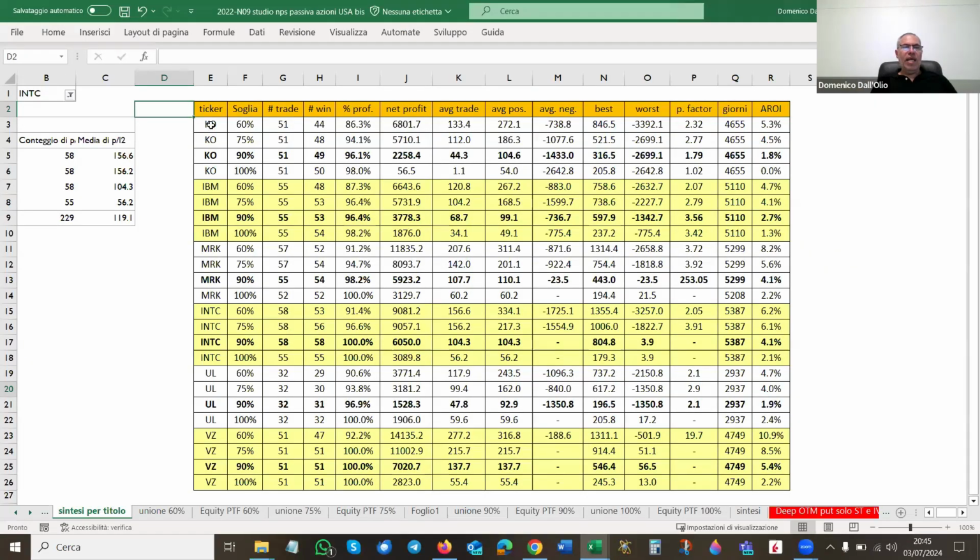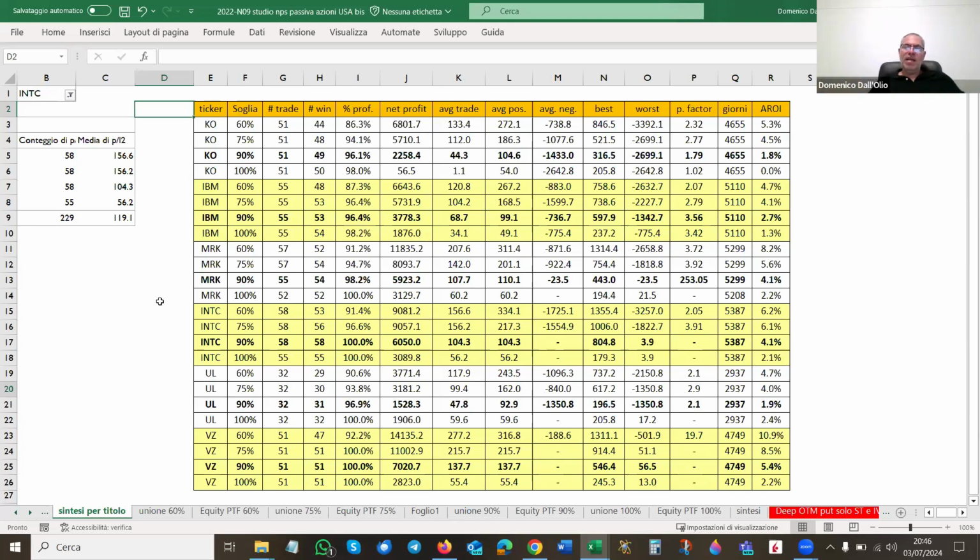I inspected 6 stocks so far: Coca-Cola, IBM, Merck, Intel Corporation, Unilever, and Verizon.